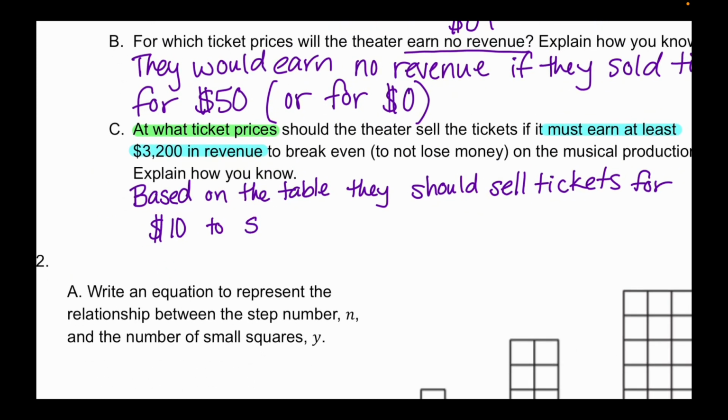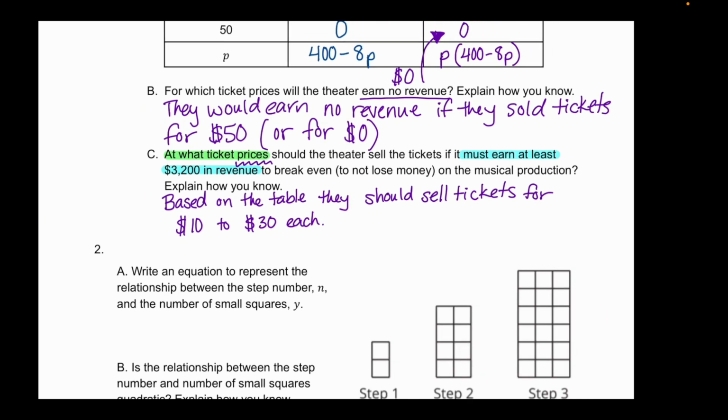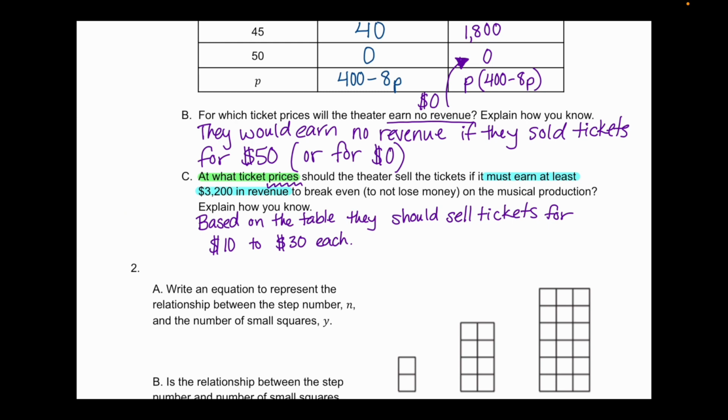So I'm going to say $10 to $30 each. Because they said what ticket prices, that was potentially multiple, so I'm giving a range. They should sell their tickets for $10 to $30 each.